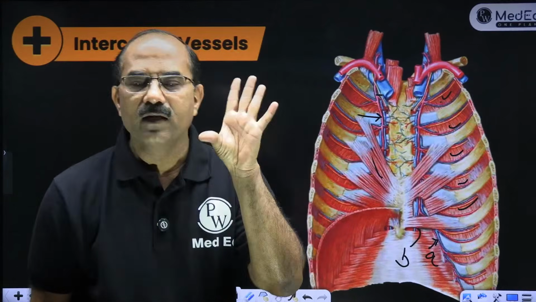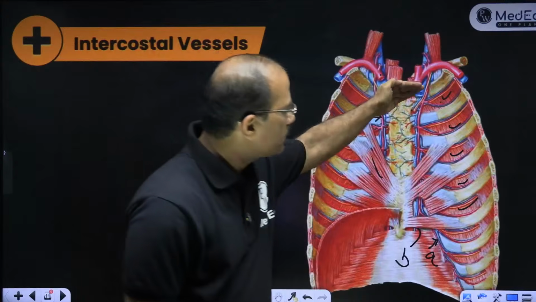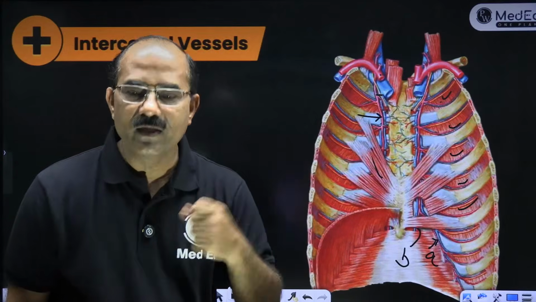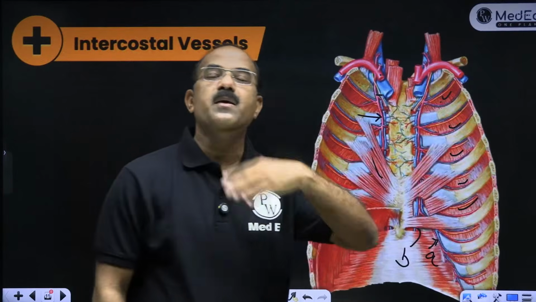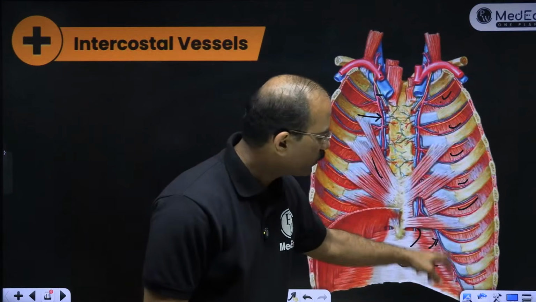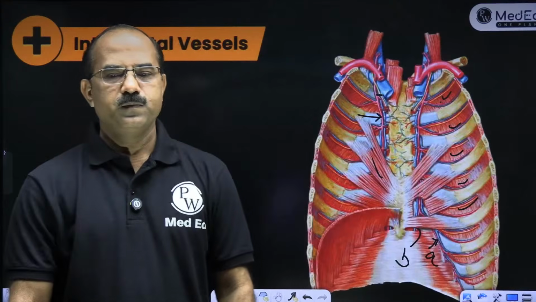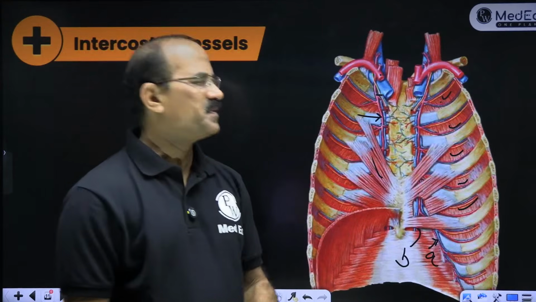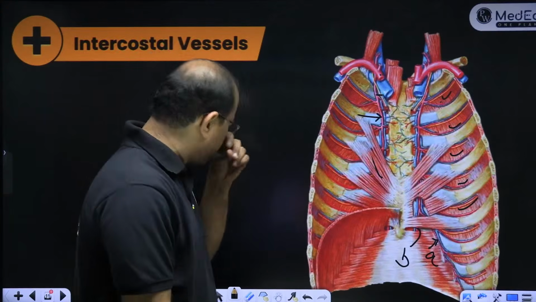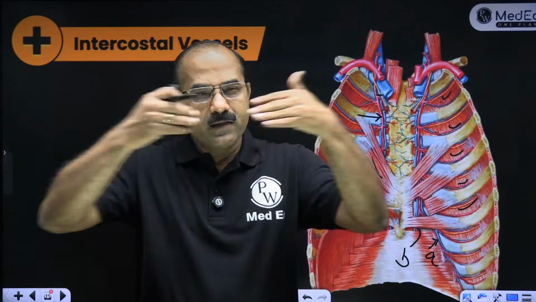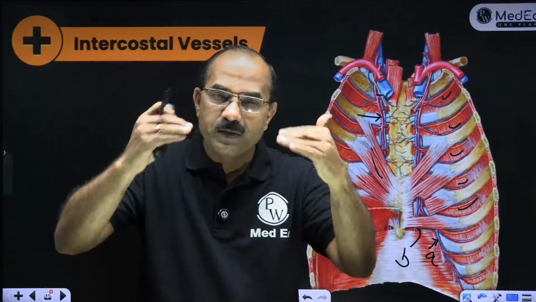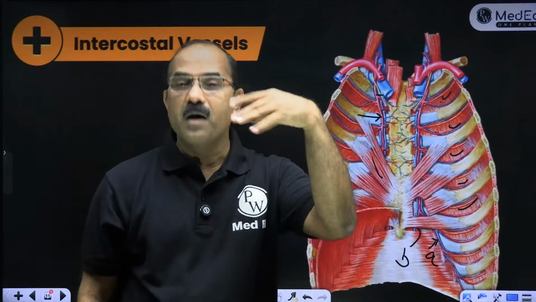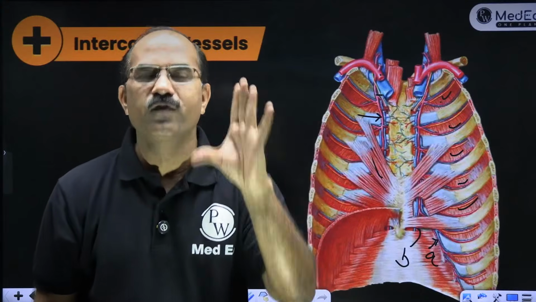So anterior intercostal arteries in the upper 6 spaces are branches of the internal thoracic artery. In the lower spaces, these are branches of the musculophrenic artery.